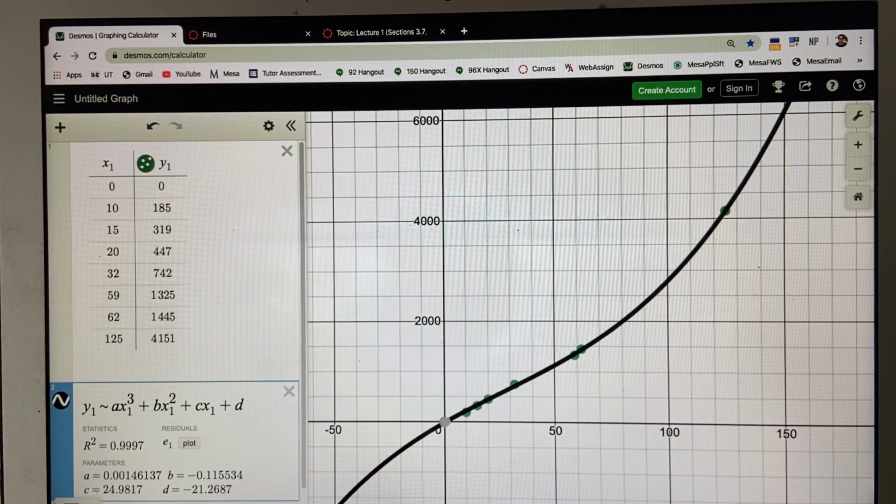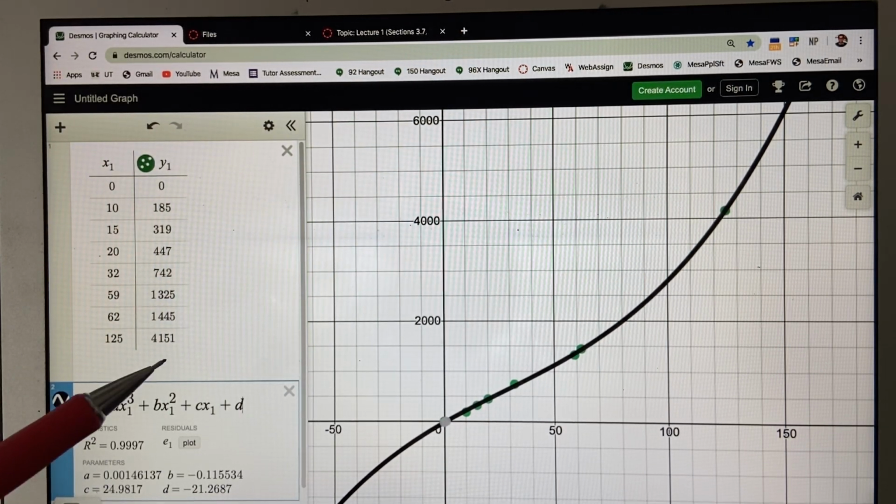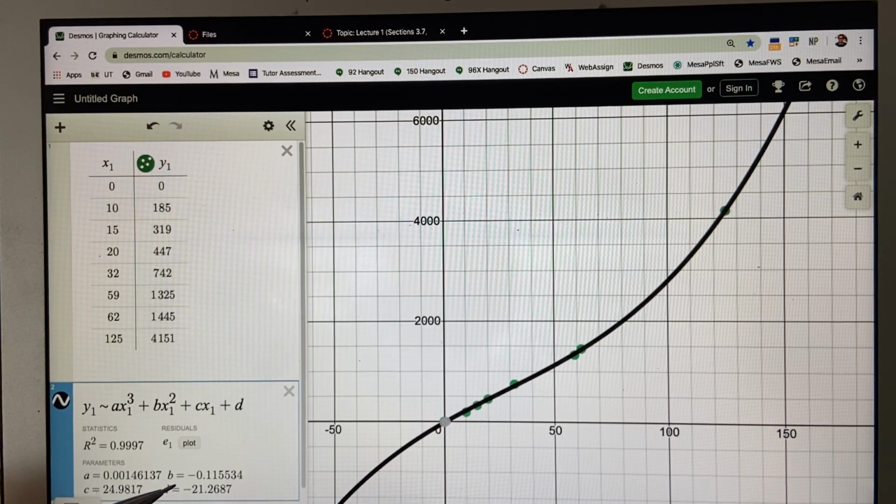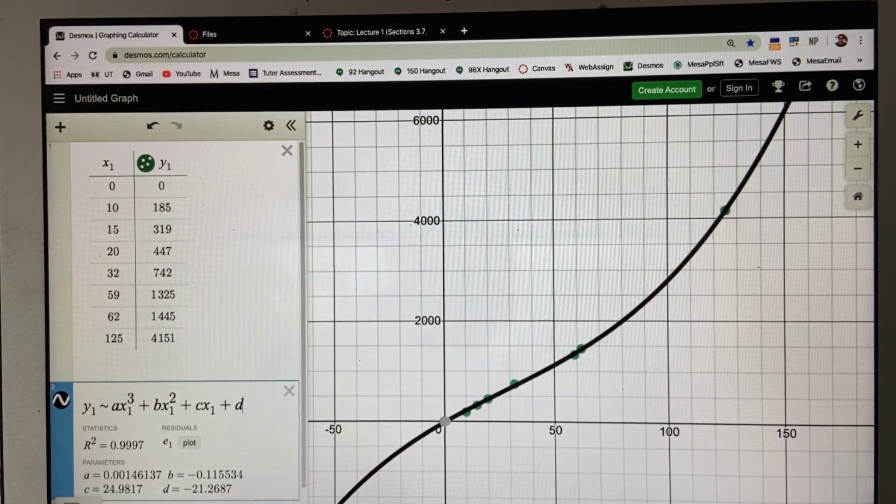So I'm going to write down this polynomial where a is the coefficient of the cubic term, b is the coefficient on the quadratic term, and so on. And then I'll hold it up in front of the camera in a second.